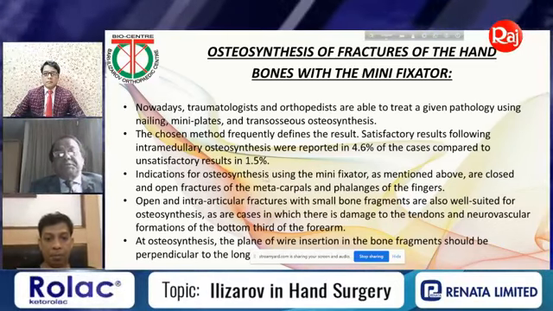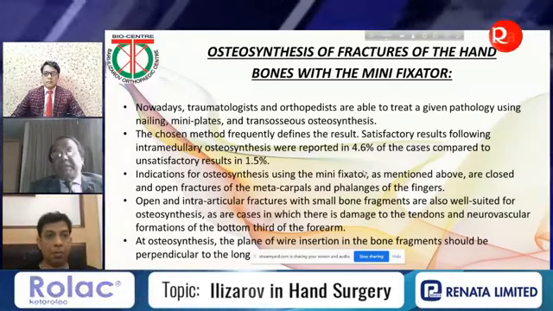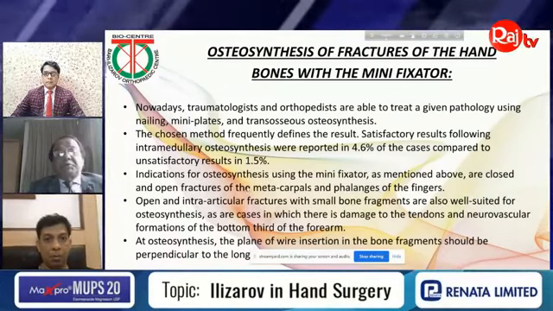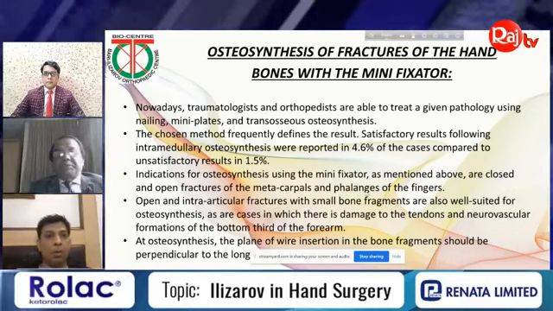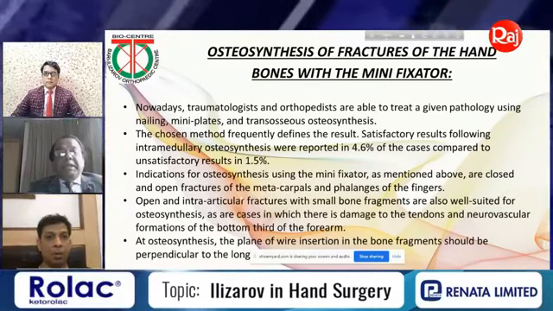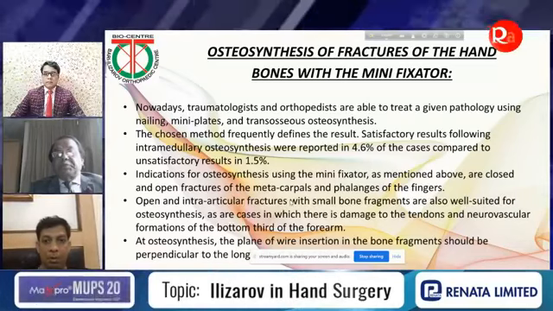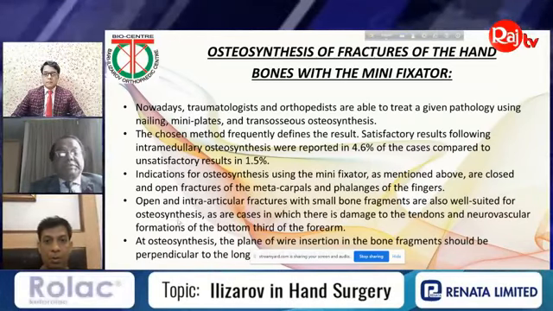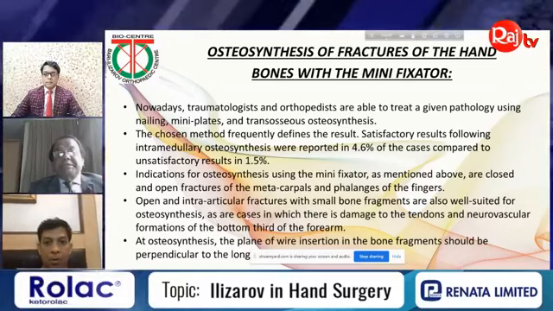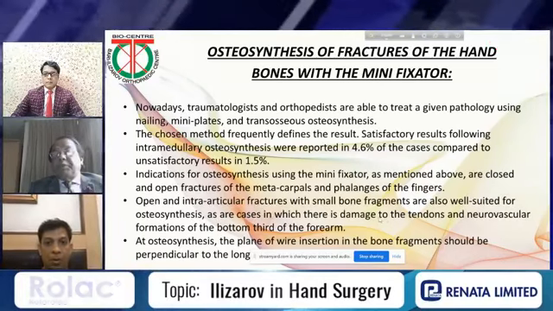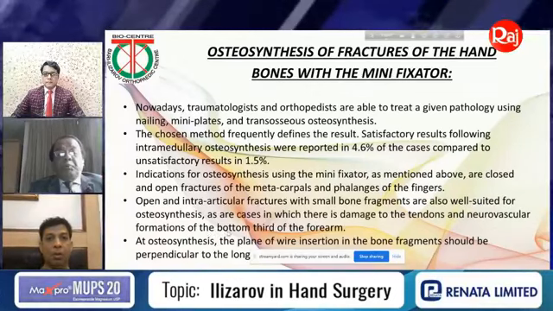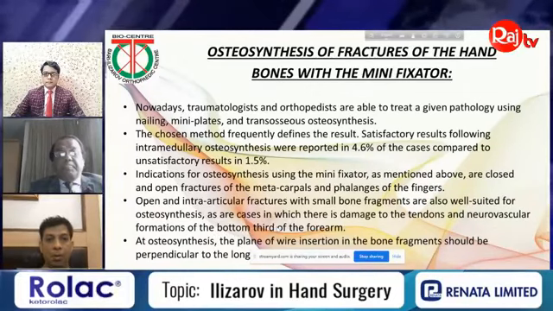Indications for osteosynthesis using the mini fixator, as mentioned above, are closed and open fractures of the metacarpals and phalanges of the fingers. Open and intraarticular fractures with small bone fragments are also well suited for osteosynthesis, as are cases in which there is damage to the tendons and neurovascular formations of the bottom third of the forearm.